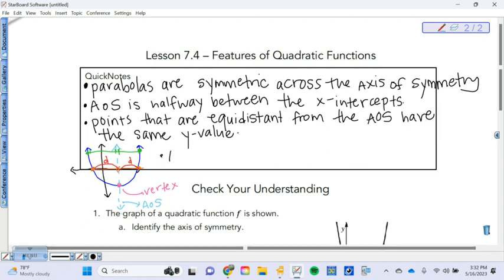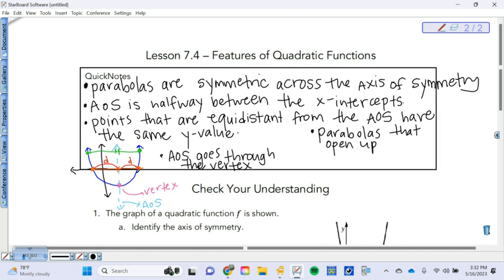3 more little things. Axis of symmetry goes through the vertex, always. Parabolas that open up, meaning they look like this, have a vertex.